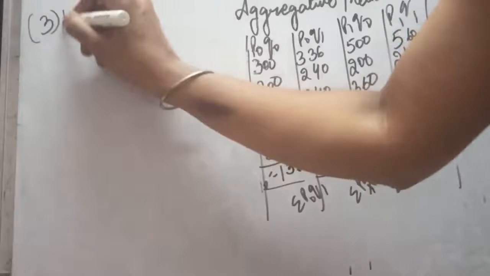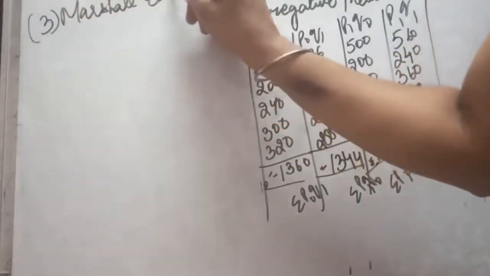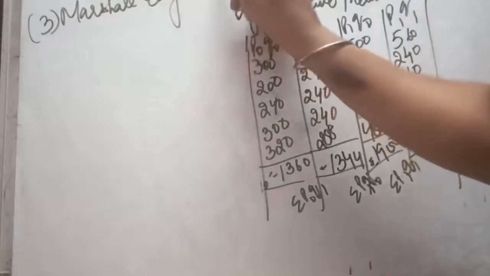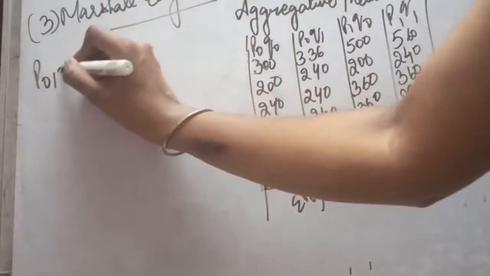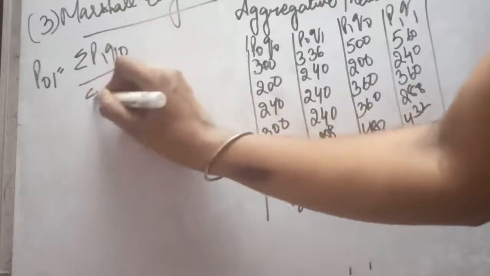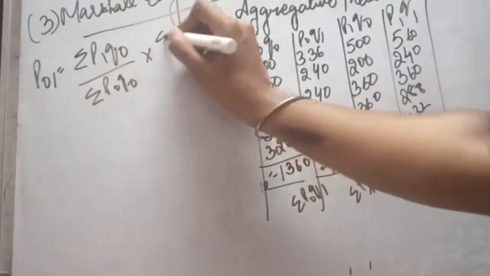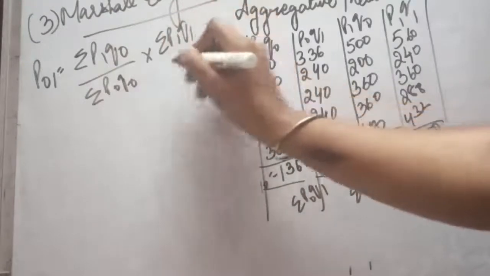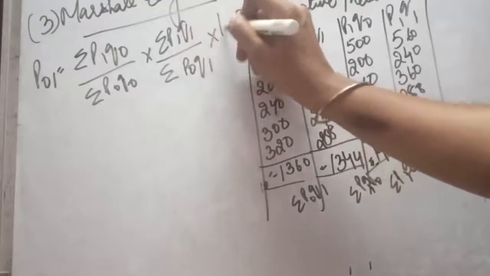Our third formula was Marshall-Edgeworth. P01 is equal to sigma P1 Q0 plus sigma P1 Q1 divided by sigma P0 Q0 plus sigma P0 Q1 into 100.